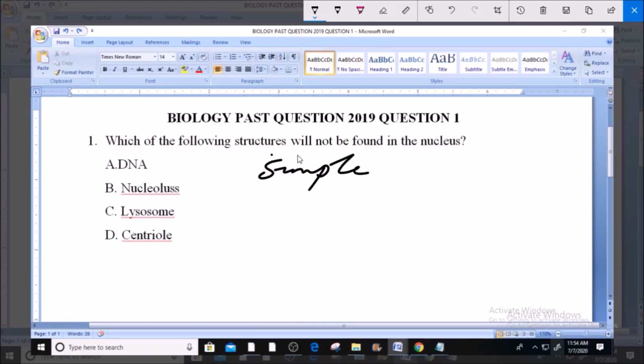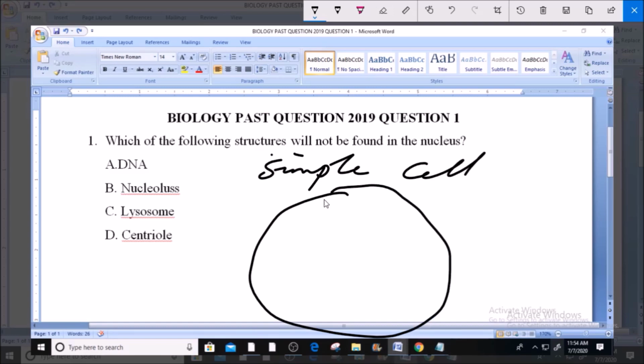A simple cell is like this. At the center, we have the nucleus. This is the nucleus. In the nucleus, we have the chromosomes.